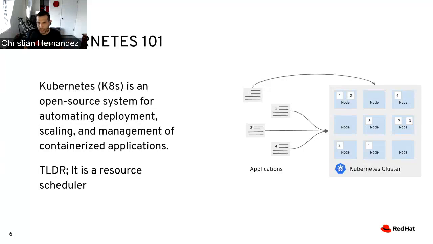It's container-based. I want 3 instances of my application running, and it'll always keep that running. TLDR, it's a resource scheduler. I have a workload, I need it scheduled somewhere, and Kubernetes takes care of it. And it's really when Kubernetes came in that this idea of GitOps really took off.